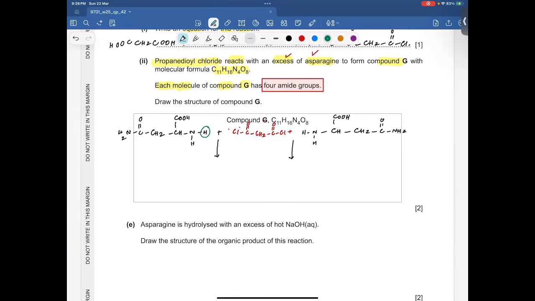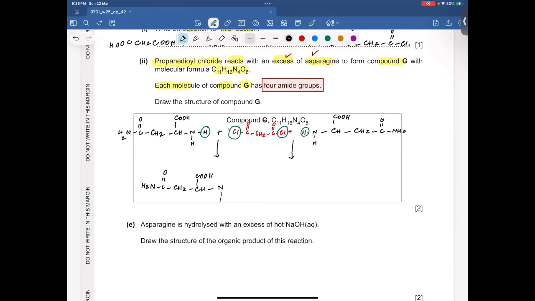H and Cl combine together to give HCl. This is amide, this is amide. They are not going to react. So let me write down the structure now. NH2, CO, CH2, CH, CWH.